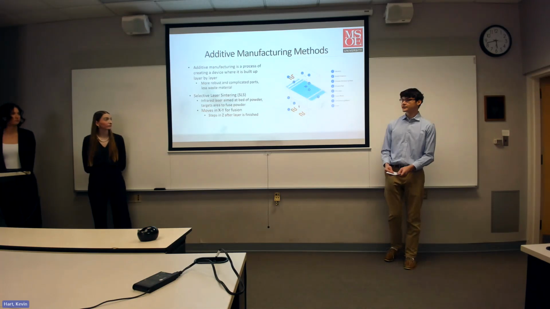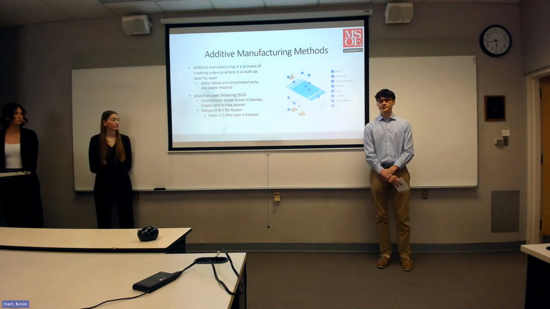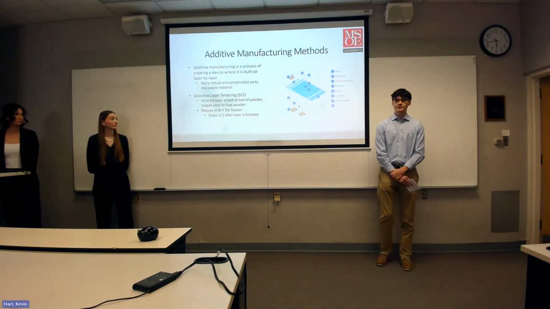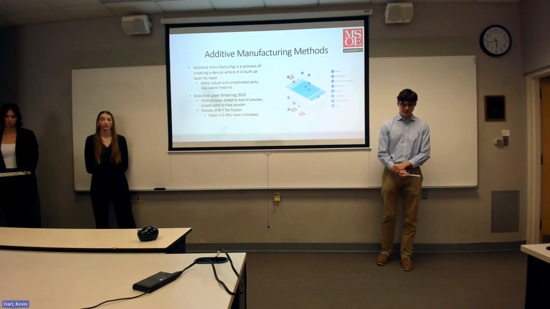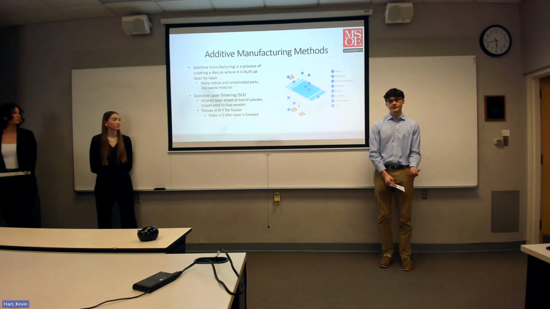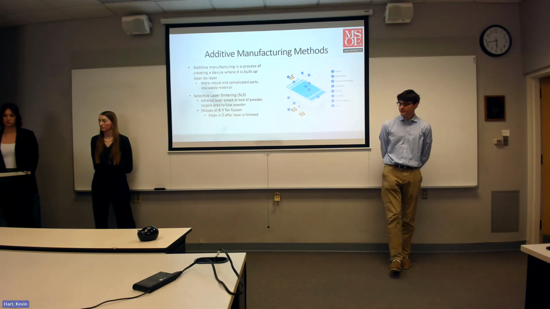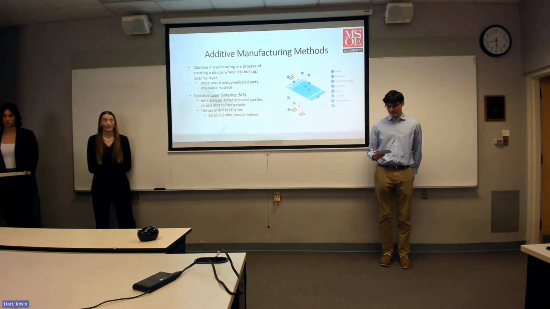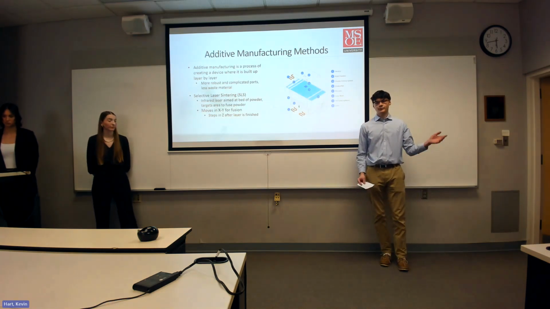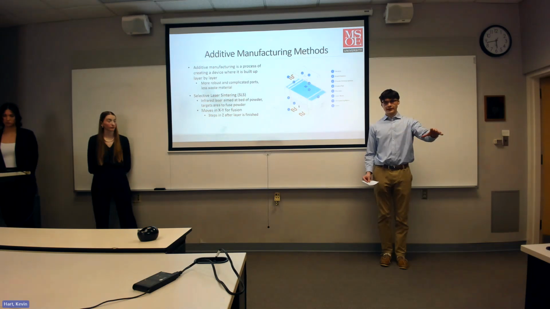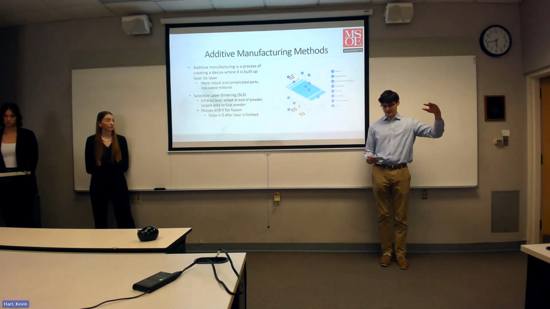All right, so to get into the methods of manufacturing, for this project, we're using additive manufacturing, which is just a process of building the part layer by layer. So material is deposited and fused together one layer in one plane, and it'll step up and go to the next plane.